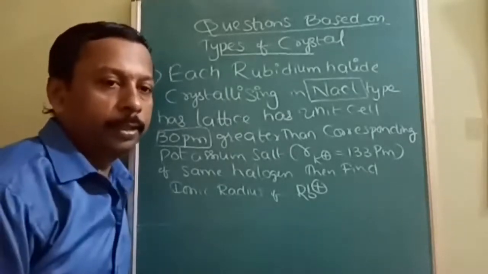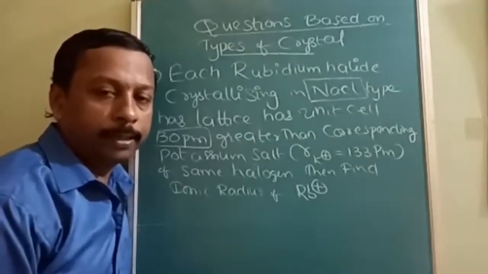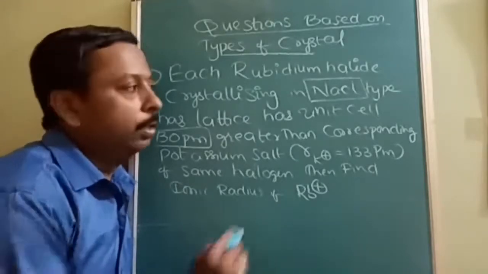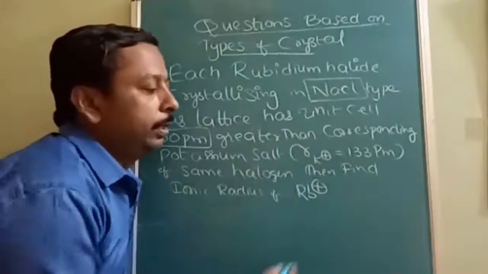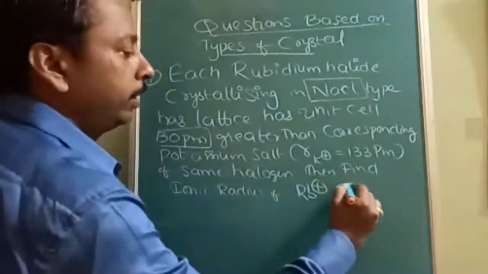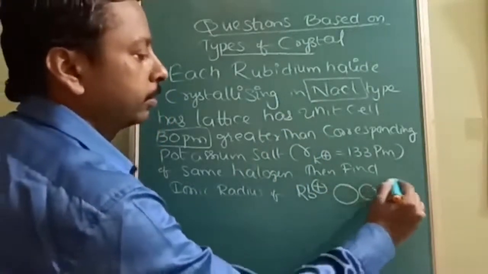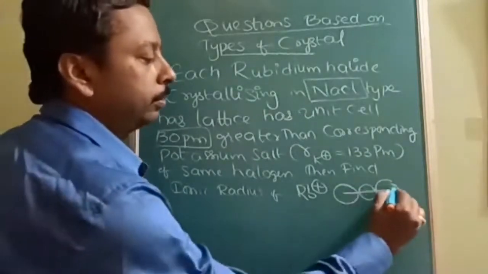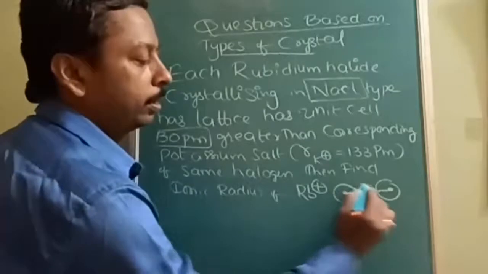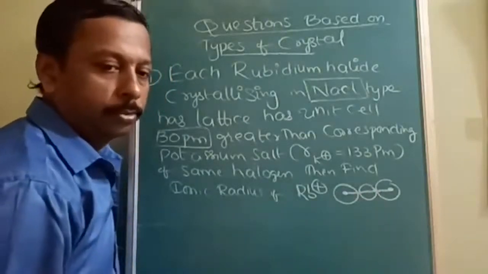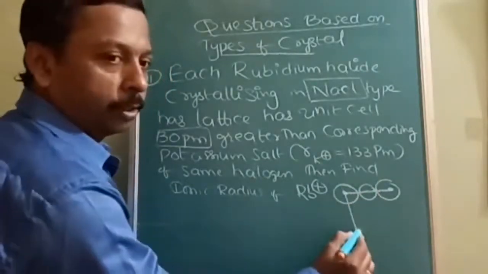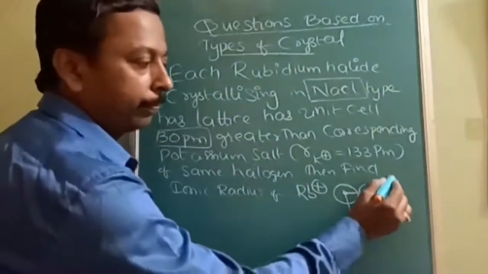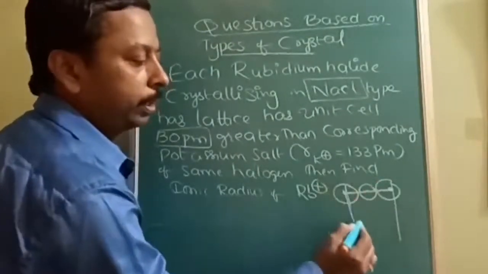Okay, see here, just in a previous lecture we have studied NaCl. In NaCl, sodium is available at edge centers. Okay, so this is corner, edge center. Is it understood? So this total is going to be the edge length.